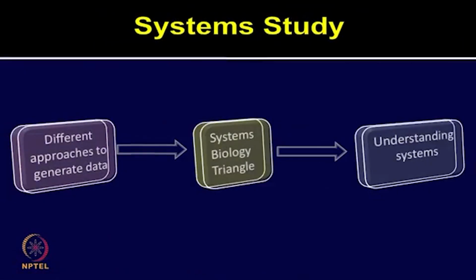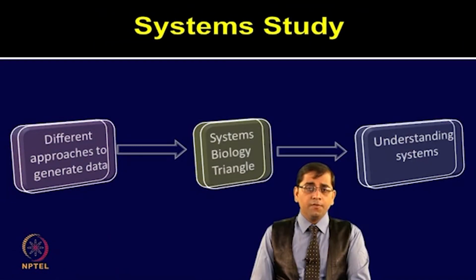What is a system study? First of all, the difference between a system study and components should be understood as discussed earlier. After generating the data set and creating the systems biology triangle, this information could be used for understanding the systems at a more complex and mechanistic level.